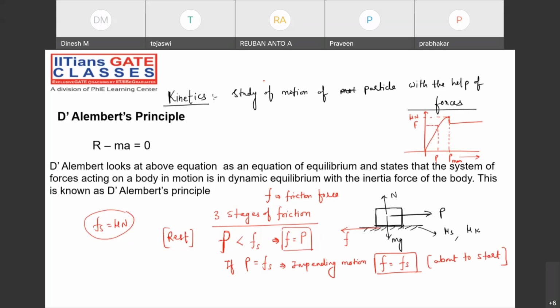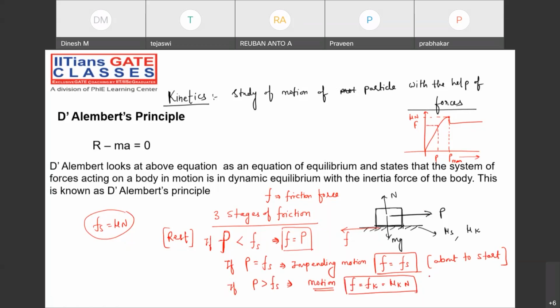This is called about to start motion. If P will be more than static friction, note down, then there is a motion. And whatever the friction force value will be there, that will be kinetic friction value, mu k into N.